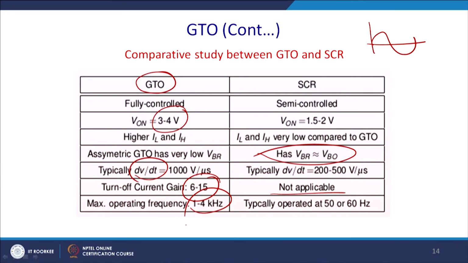So, for this reason we are restricted to operate it in the range of 1 to 2 kilohertz. Maximum you can take it to 4 kilohertz, but it is quite difficult to operate, and therefore this is basically passed on to the turn off of the gate current. So, you require a gate current to turn off these devices.